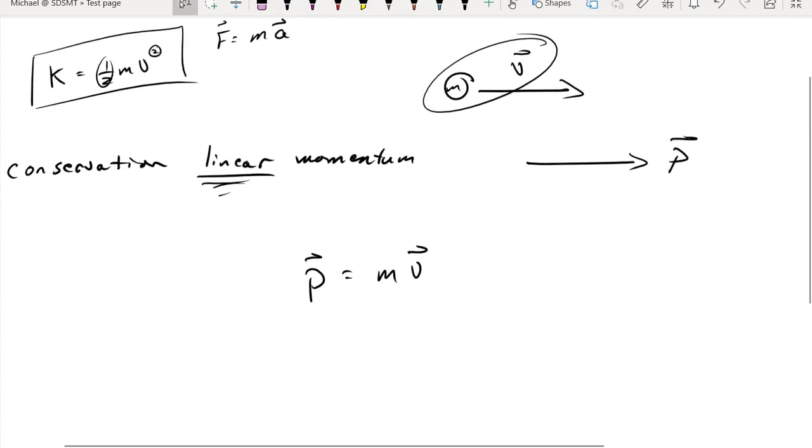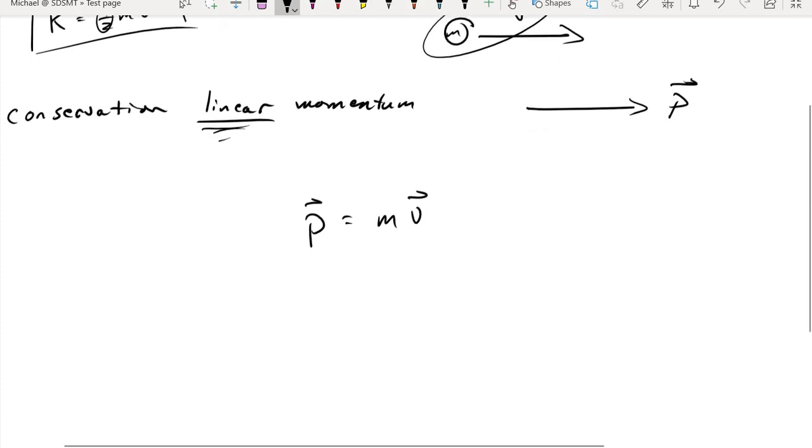Not only do we have to have the same numerical value on both sides, but now we have to have equal directions associated with the vectors. So whatever direction our velocity is pointing, that's the direction of the momentum, and vice versa.